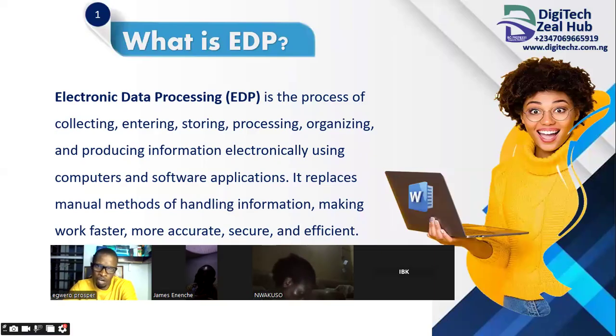fundamentals. So now, what is EDP? It is the process of collecting, entering, storing, processing, organizing, and producing information electronically. I would like all to pay attention to some of the keywords that I'm going to be using.